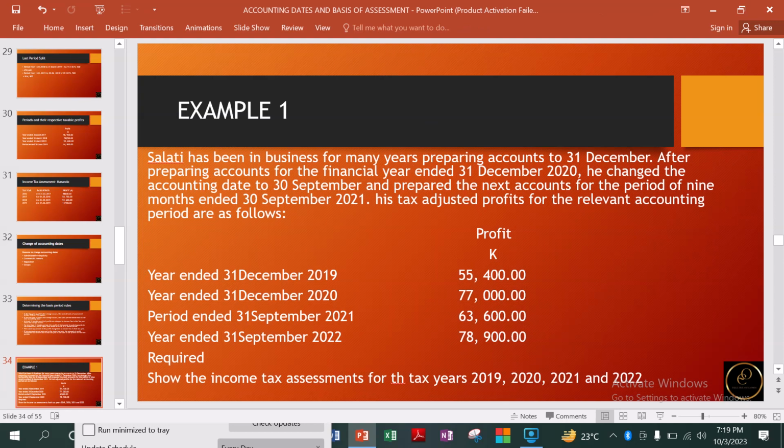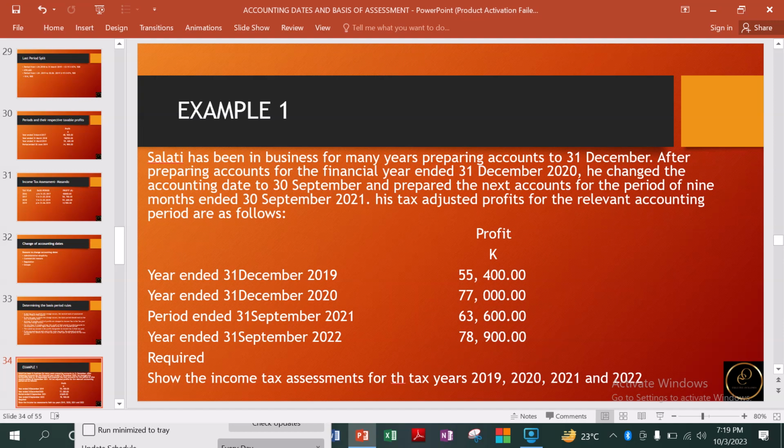Okay, so we are saying Salati has been in business for many years, preparing accounts to 31st December. After preparing accounts for the financial year ended 31st December 2020, he changed the accounting date to 30 September and prepared the next accounts for the period of 9 months ended 30 September 2021.